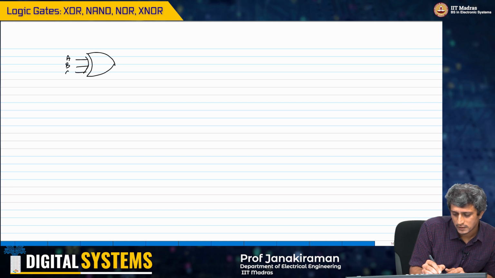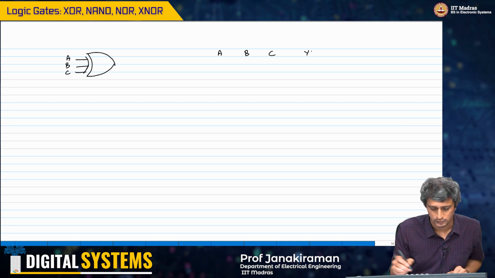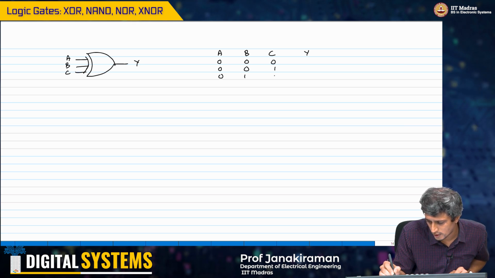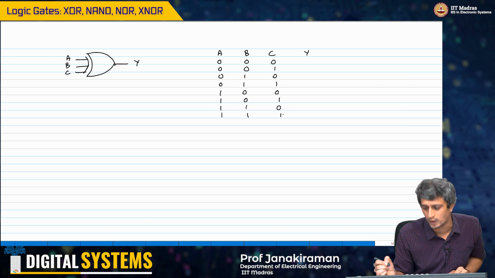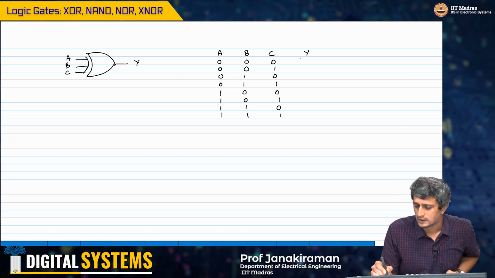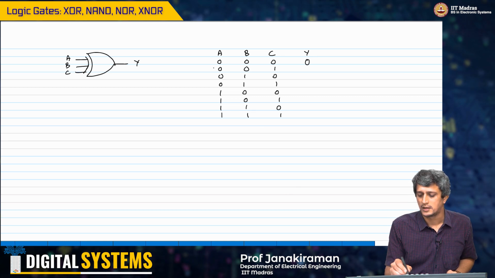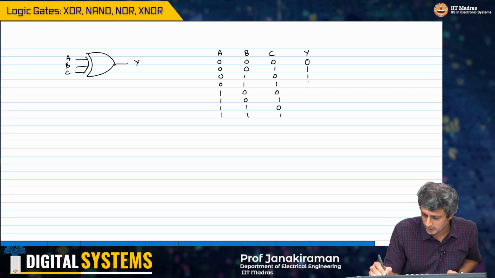A, B, and C. So again you have 8 combinations, 2 power 3. 0, 0, 0, even number of ones, so therefore the answer is 0. 0, 0, 1, odd number of ones. 0, 1, 1, even number of ones.